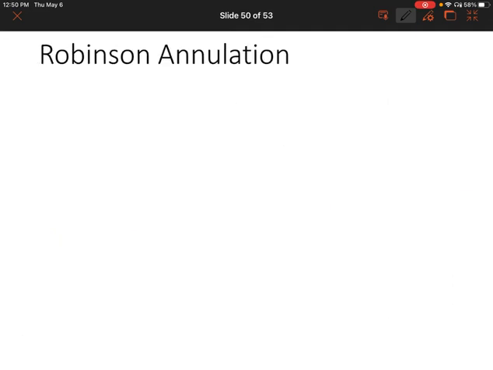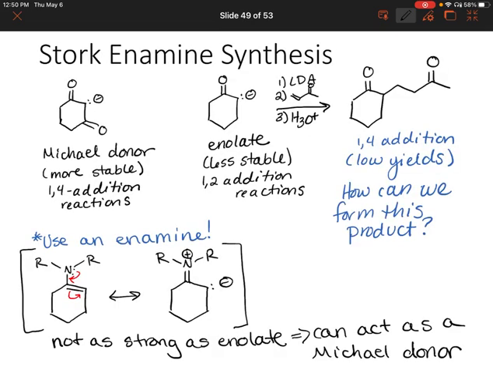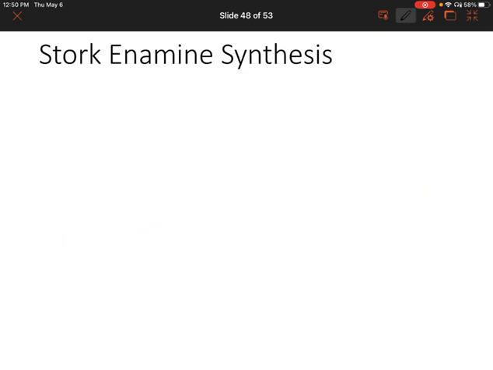So let's show, oh, whoops, I got my slides mixed up. So let's show an example where we can use that starting ketone. We're going to actually turn this into an enamine using a secondary amine.